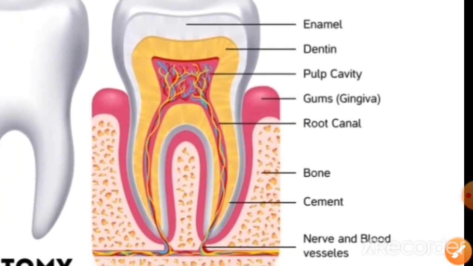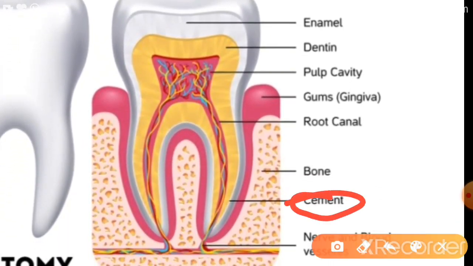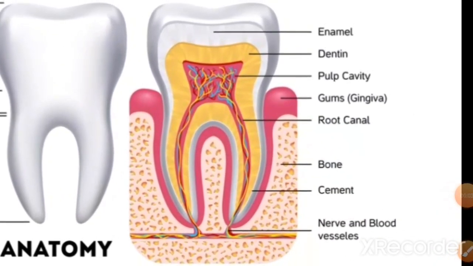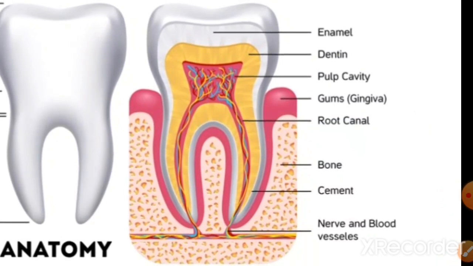You can see the gums here, which you can even see from outside, and which surround the teeth. So these are the different parts of a tooth. All your teeth contain these parts.